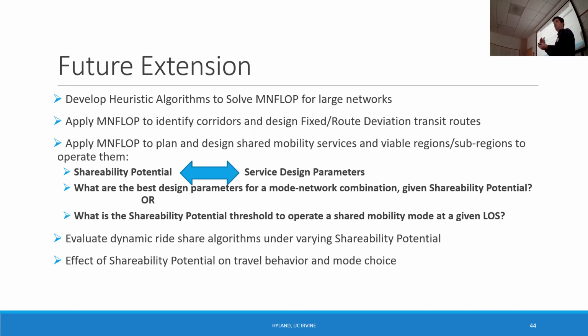And actually, there's a clear correlation between our measure of shareability and the efficiency of a last mile transit system. Now, the question is, when we put that in a regression model and we incorporate all the other factors that people have looked into in the past into measuring the efficiency of a vehicle routing problem as a function of the network, is our parameter still predictive or still statistically significant?